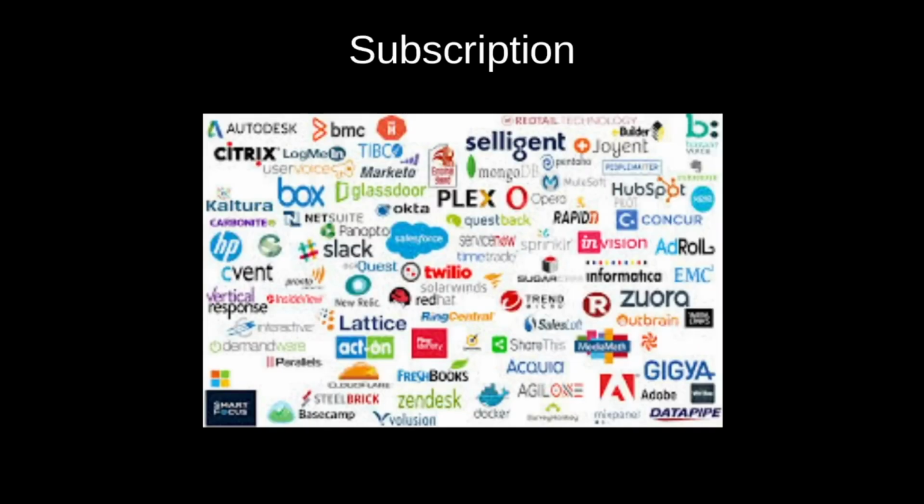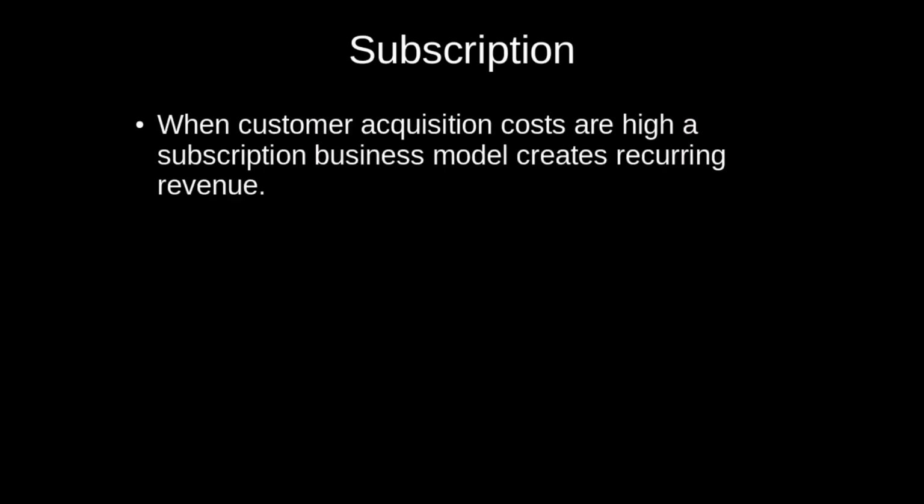Subscription based, this is probably the biggest one, and I included this graphic here to just give you a small fraction of the type of online services that you can subscribe to. Now, as customer acquisition costs are high, subscription models allow you to land a customer once and then build a recurring revenue off of that customer.